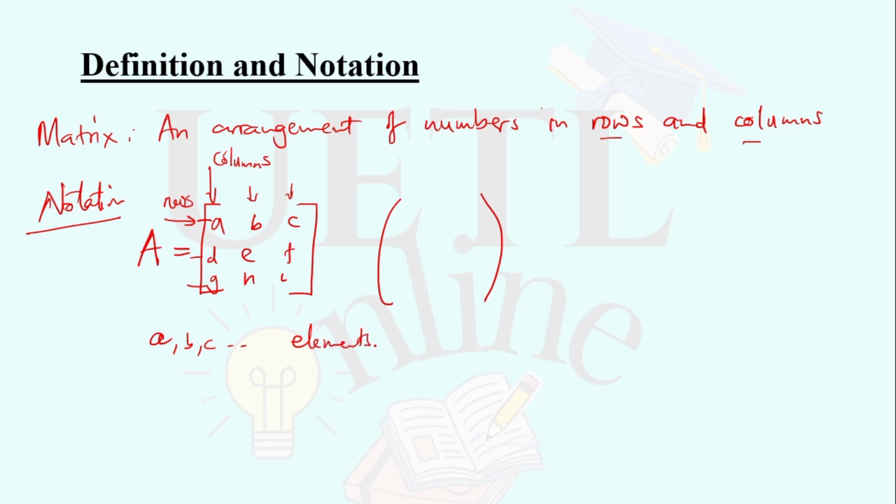So this is it on the definition and notation. Remember, you represent it with a capital letter in square or curly brackets, and you put your entries inside. It can be 2 by 2, like A, B, C, D, or any order. We will talk about the different orders of matrices in the next chapter, but this is the definition and notation of a matrix.